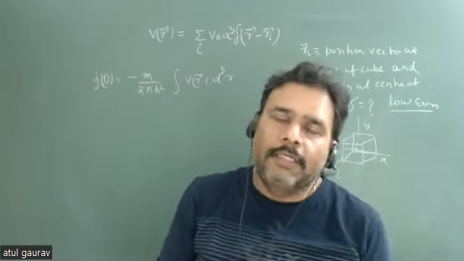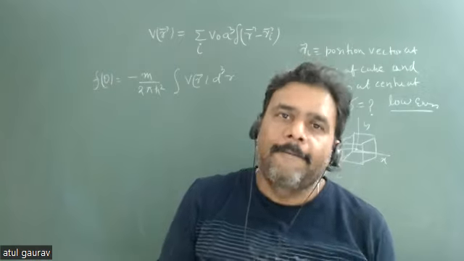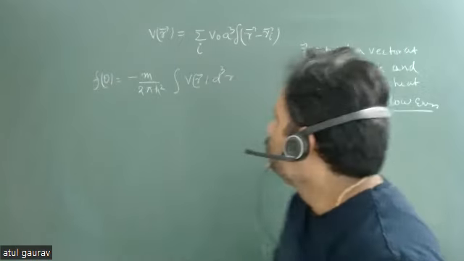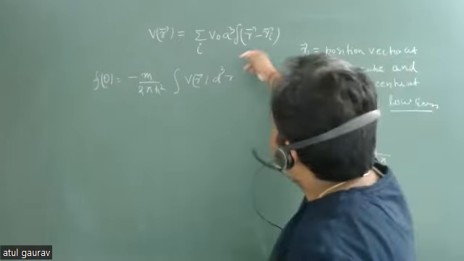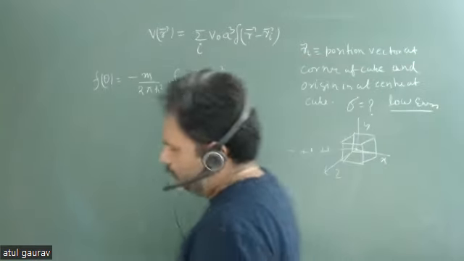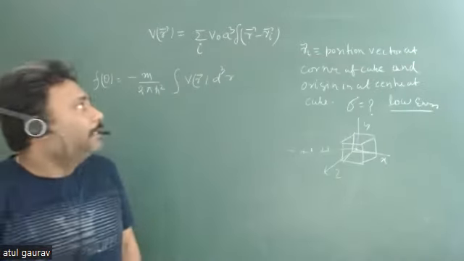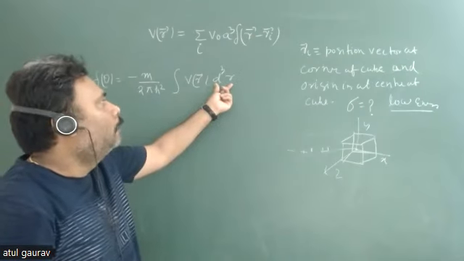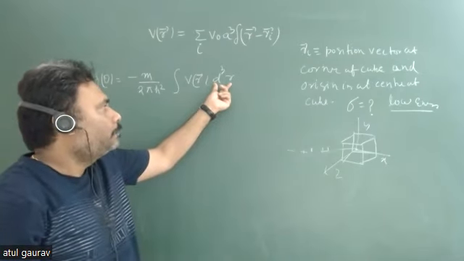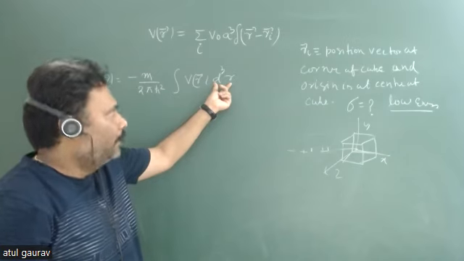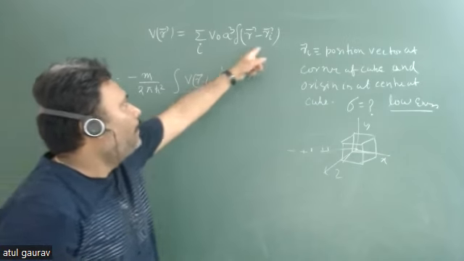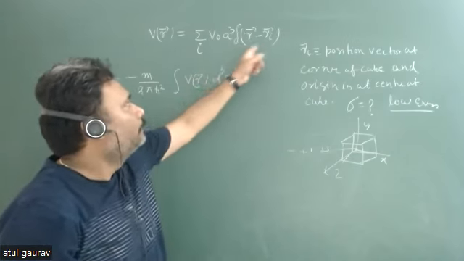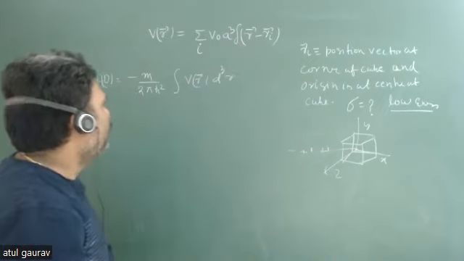Cartesian coordinate system. So I can write this whole thing in the Cartesian coordinate system. If I write it in Cartesian coordinates, what will d cube r become? dx dy dz. And what will happen to the Dirac delta function?